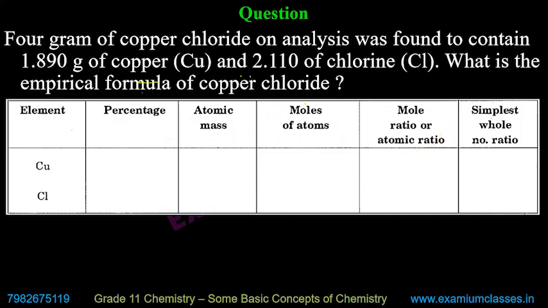Sometimes this percentages column might not be there. You might have already 100%, the sum of masses of all the elements 100, then you don't need to write this one. Sometimes you get the ratio normally as the simplest ratio, so one of these columns is missing. But that will depend on the question. Normally, in general, you will have these 5 columns.